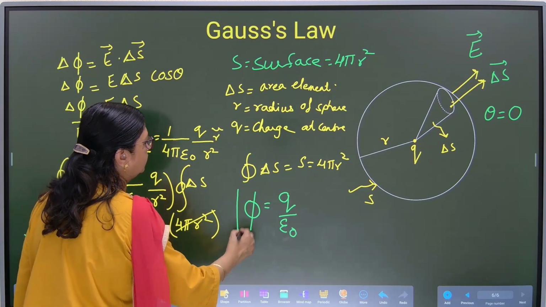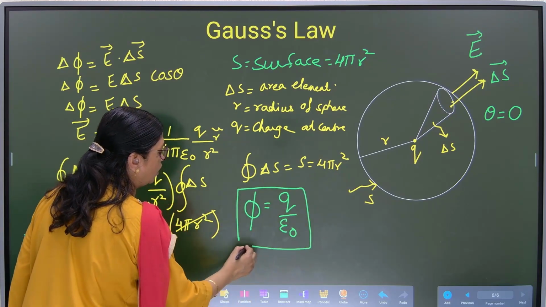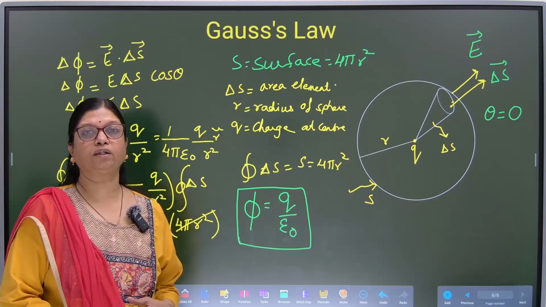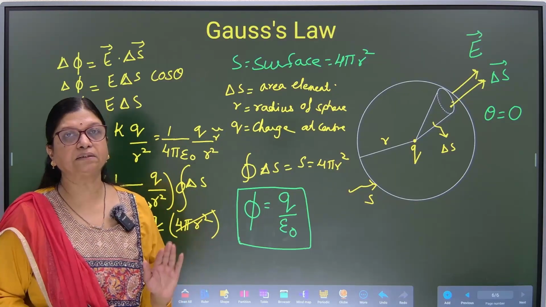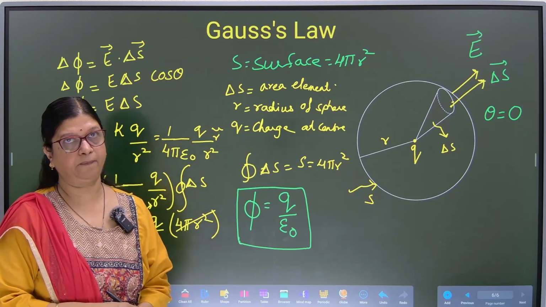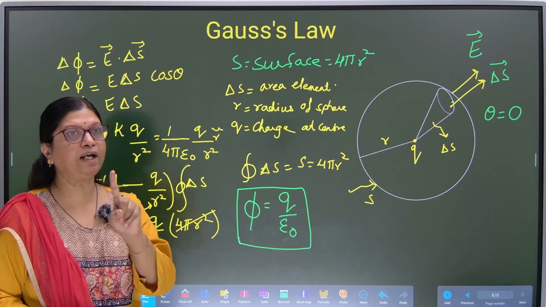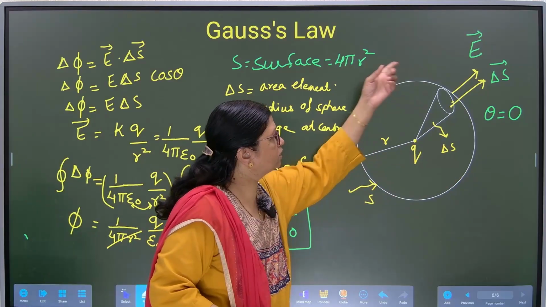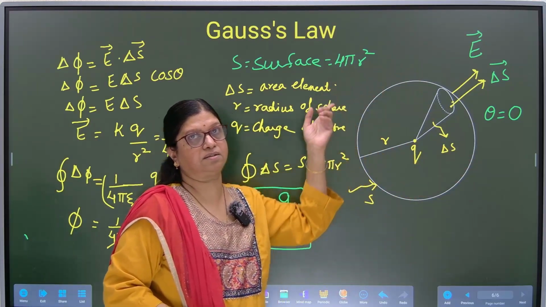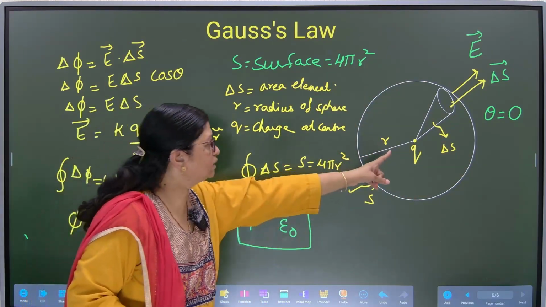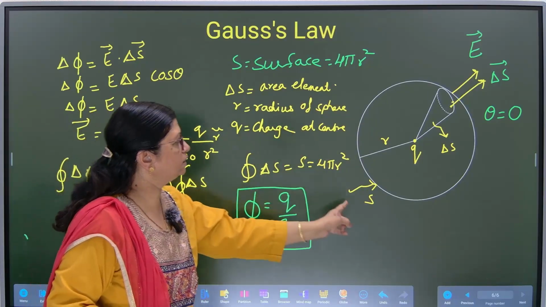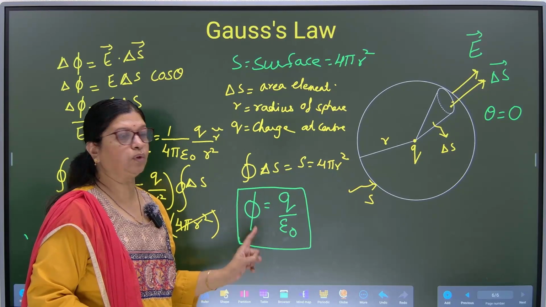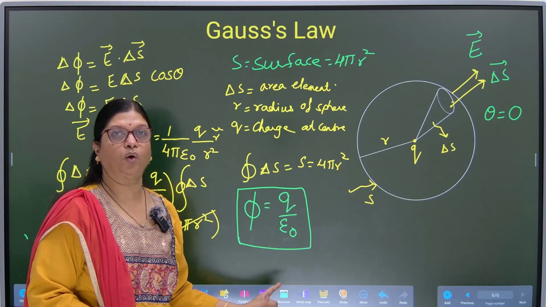This is another formula according to Gauss's law for the flux passing through a surface, where we have to only consider the charge enclosed by the surface. Q is the charge enclosed by this surface. So flux phi is equal to Q upon epsilon naught.